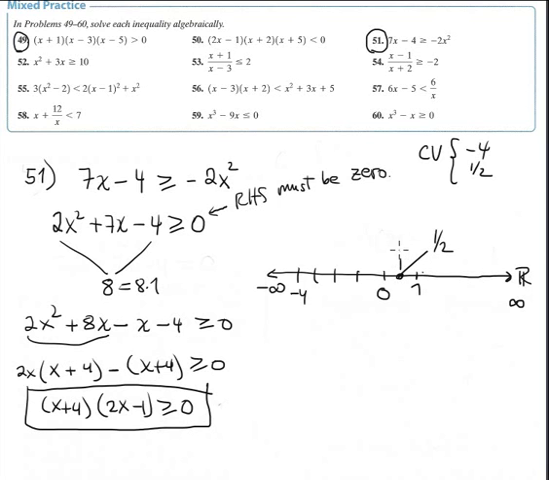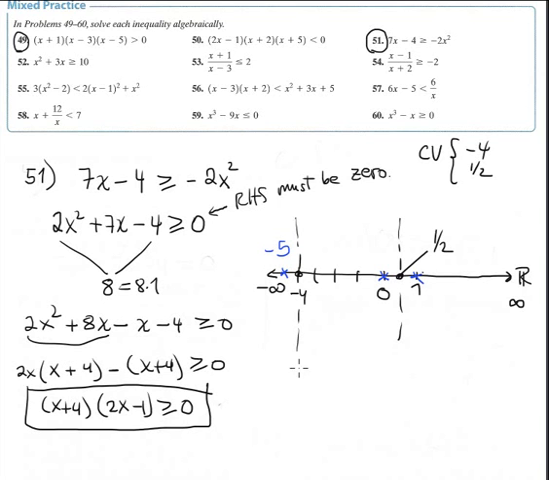Negative 4 is here. Okay, now I select testing points, maybe before negative 4 is negative 5. And this interval may be 0. And this interval may be 1. This is the critical.